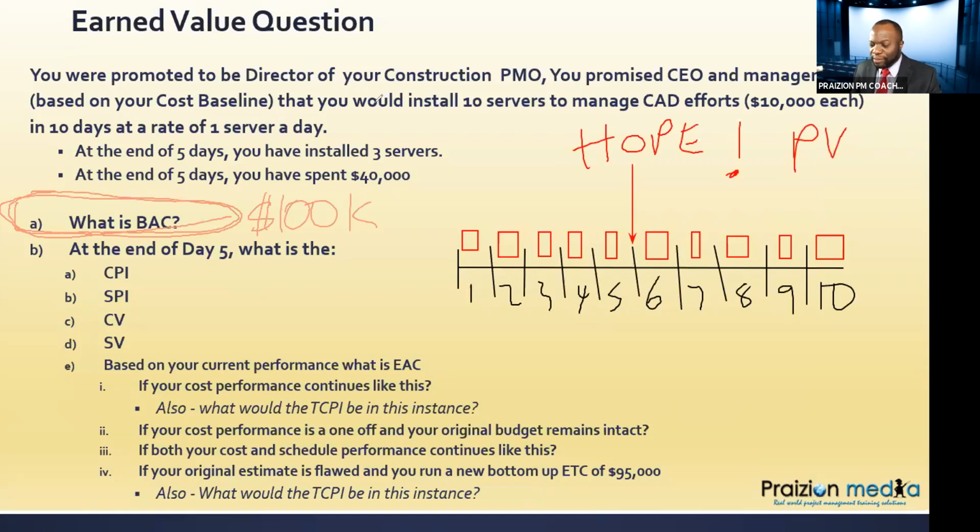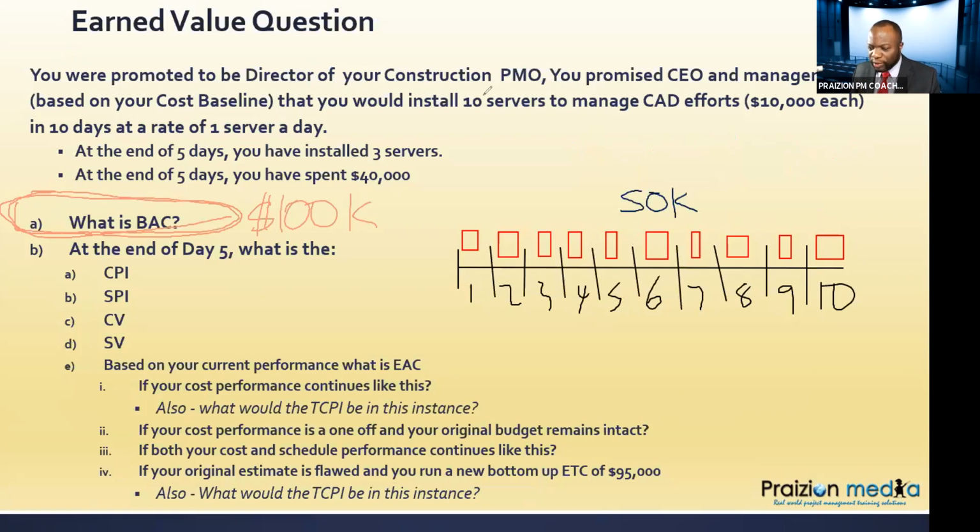So what I'm drawing out and saying, the 50K by this day, when all is said and done, our hope is to get 5 servers installed. That's our plan. It's our hope. I hope that makes sense. So our hope is for 50K worth of work to be done by the time we get to day 5.